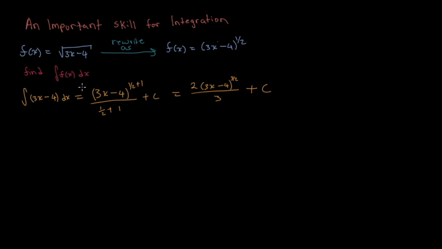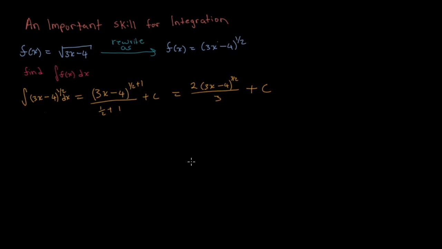From intuition, one might be tempted to do this. You'd do just the simple power rule, with this being 1 over 2. You would raise the power to 1 over 2 plus 1, and then divide by 1 over 2 plus 1, bam, that gives you this function.